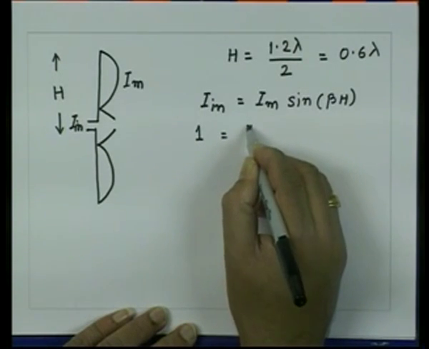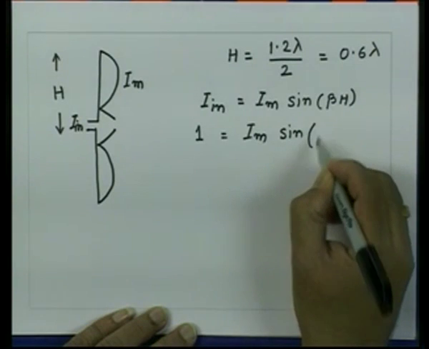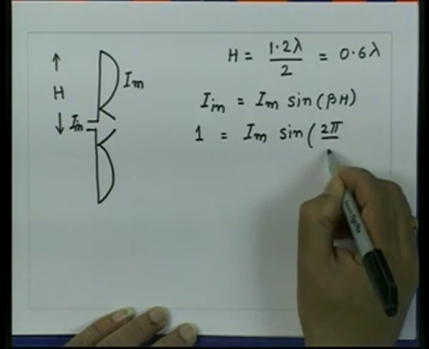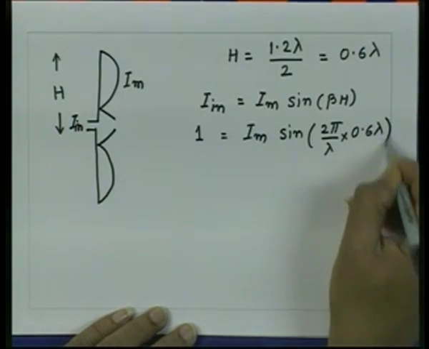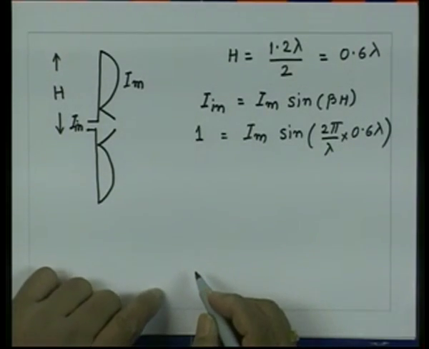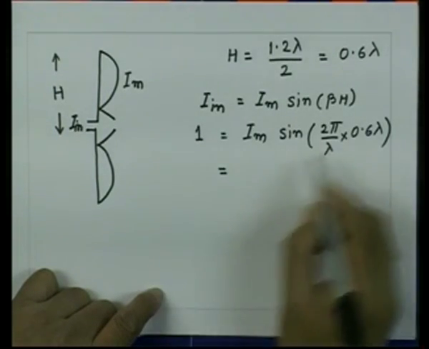So that is equal to Im sine of beta h, where beta is 2 pi by lambda, into 0.6 lambda. So this quantity is 1.2 pi.